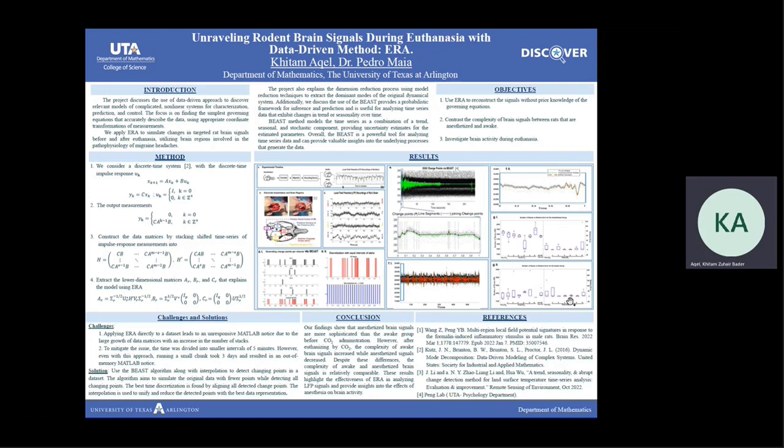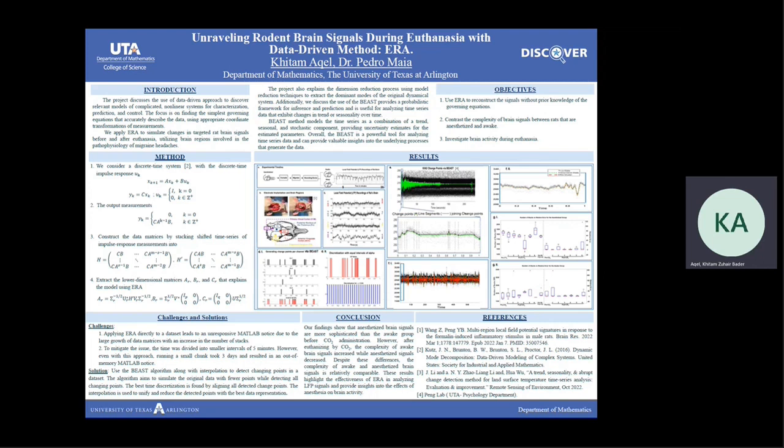In conclusion, we analyze the reconstructions given by the ERA method in different phases of the experiment and discuss the results for each rat group. The findings show that anesthetized brain signals are more sophisticated than the awake group before applying CO2. That is, the number of stacks for the anesthetized group is higher than for the awake in this phase.